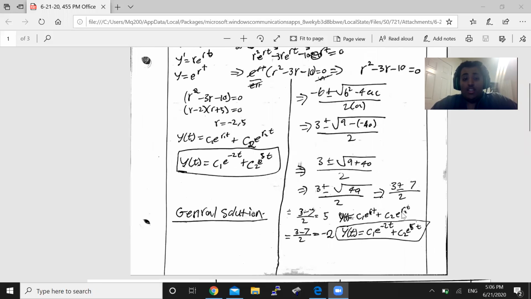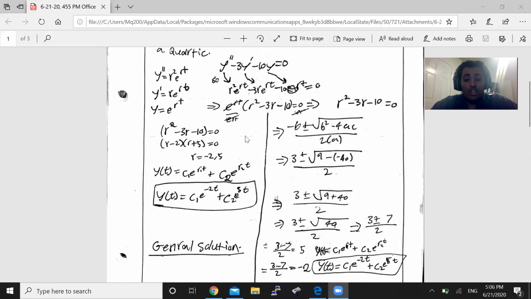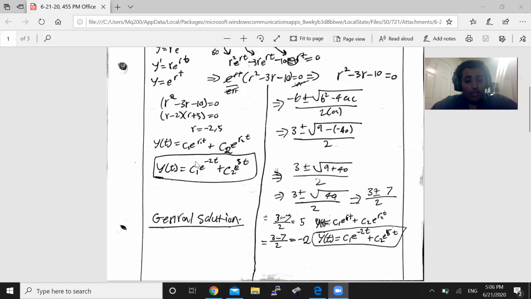The second way I did it, to make sure, was I saw the quadratic function was really easy to factor, and that's what I did. Here I factored it. I got r minus 5 and r plus 2.